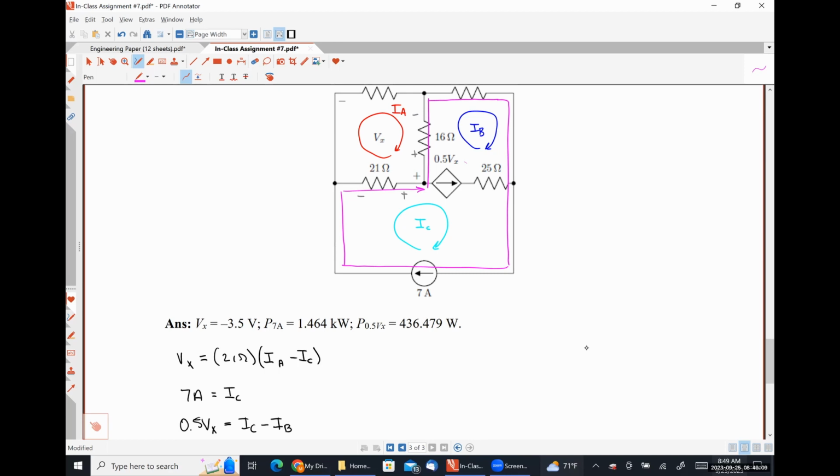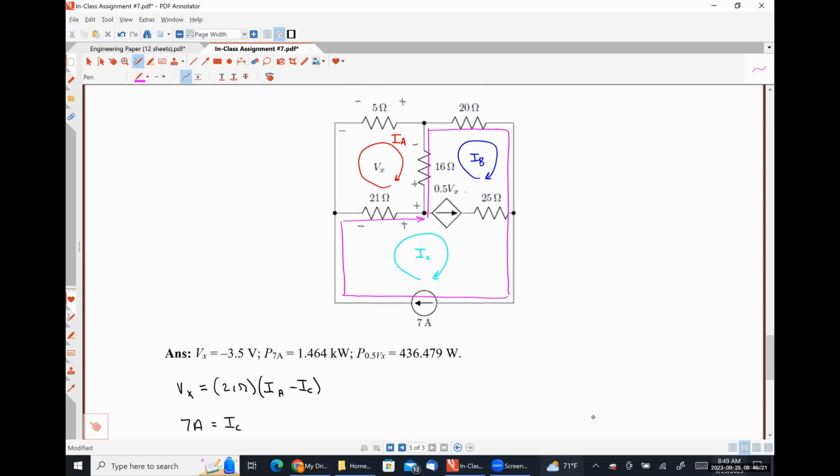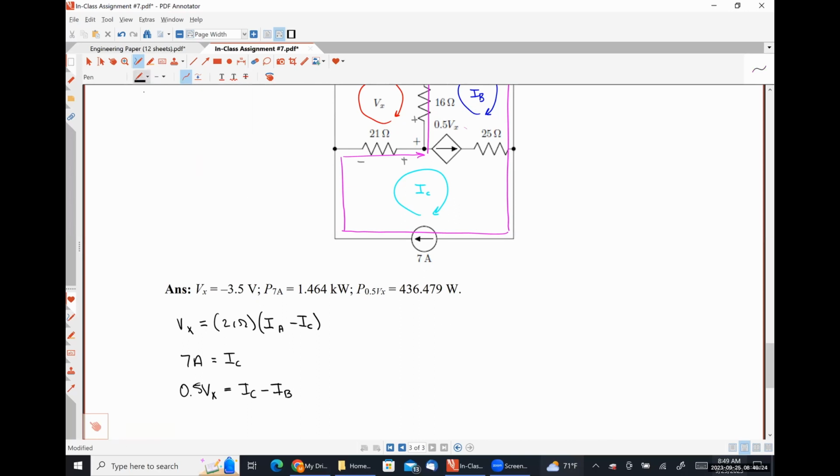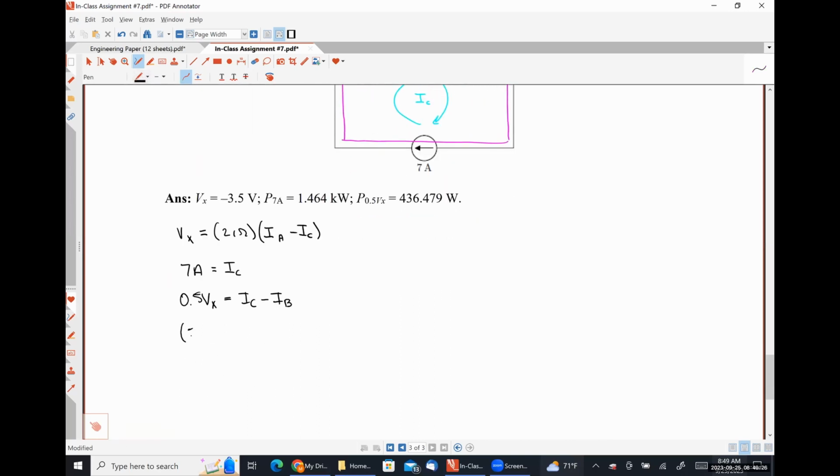Going down to step 6, we need to write our KVL equations for any remaining meshes that do not contain a perimeter current source, and that is mesh A. So we would have 5 ohms times IA plus 16 ohms times IA minus IB plus 21 ohms times IA minus IC, set it equal to 0.